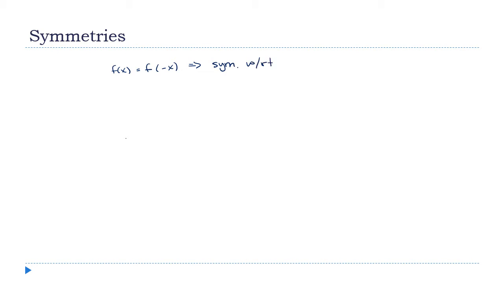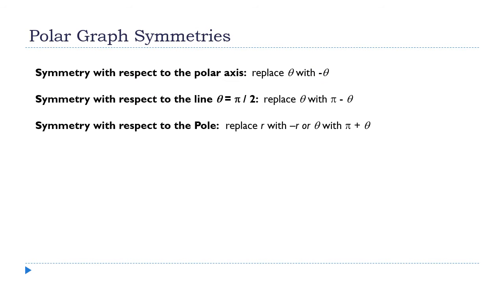Symmetry with respect to the y-axis. And you had a rule, if f of x equals negative f of x, then the graph was symmetric with respect to the x-axis.